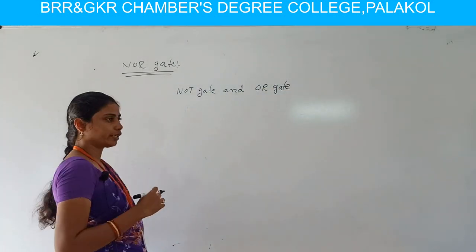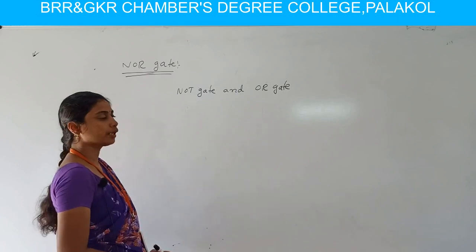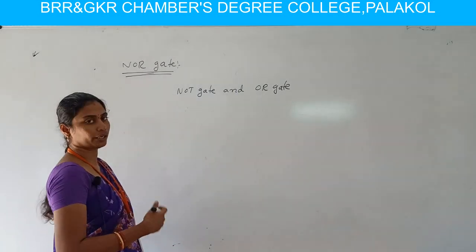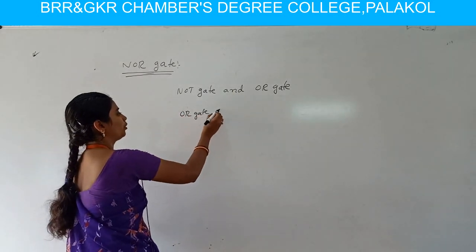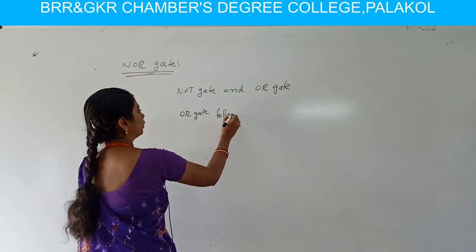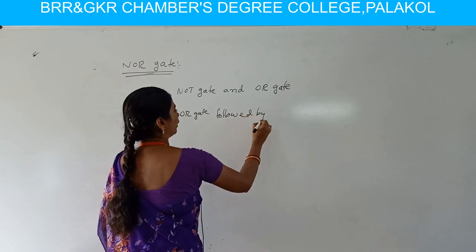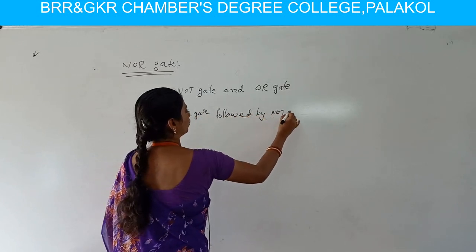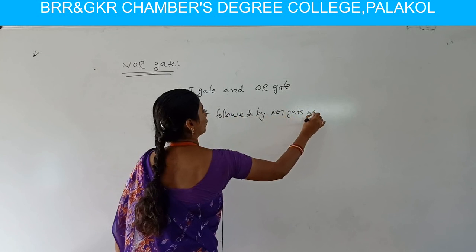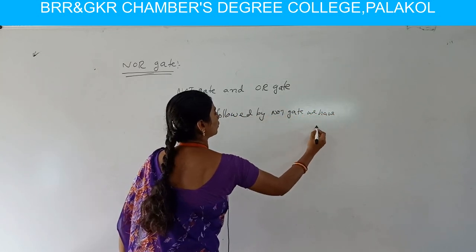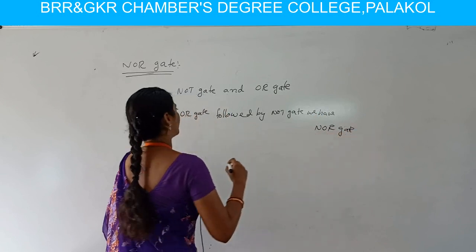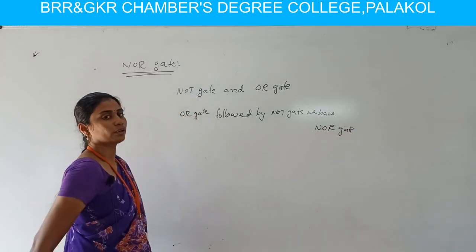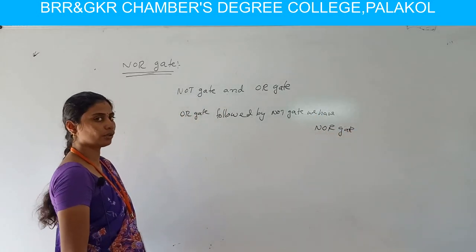Here the OR gate is followed by a NOT gate, then we have the NOR gate.